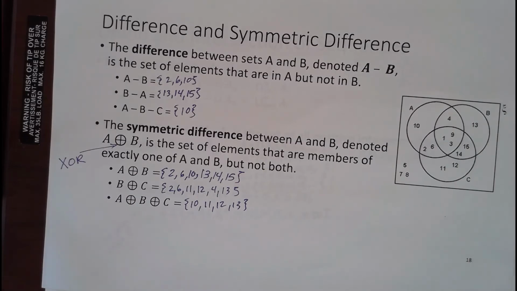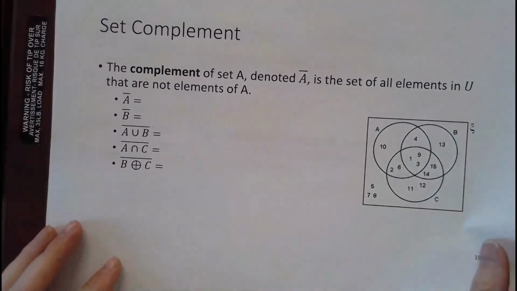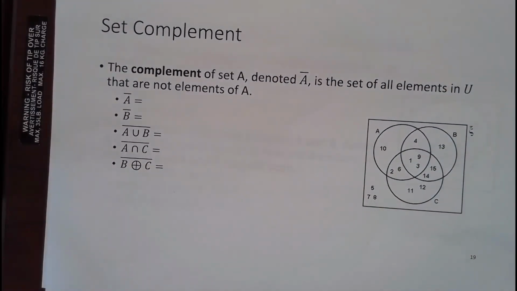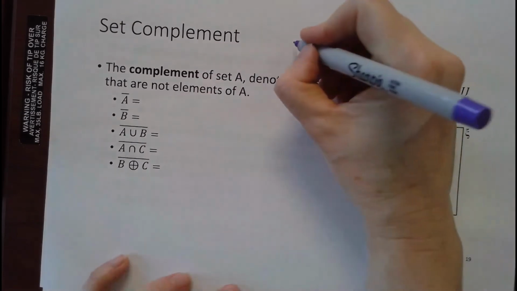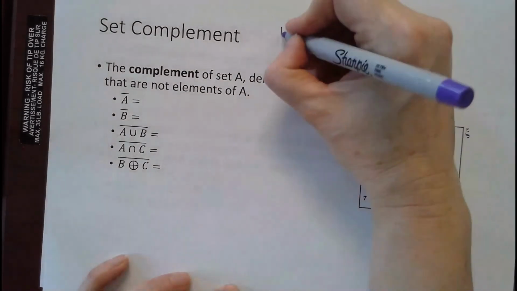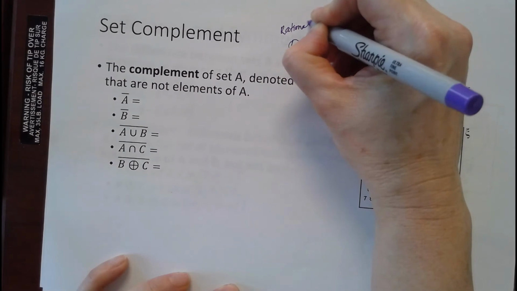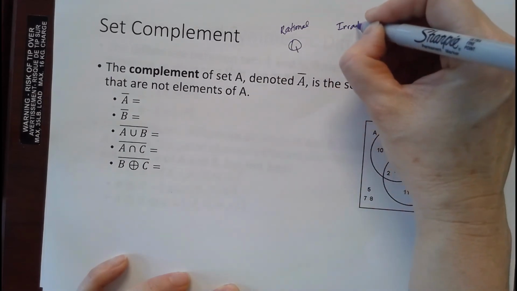The other one that we want to talk about is set complement. The complement of a set is denoted by putting a bar over it, and we've already kind of seen this notation with rational numbers and irrational numbers. So rational numbers, think about this as rational. And how do we denote irrational?